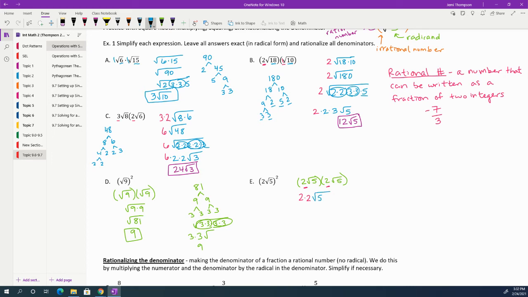And then on the inside, I have 5 times 5. 2 times 2 gives me 4. Square root of 25. What is the square root of 25? That's just 5. So my final answer here is 4 times 5, which is 20.